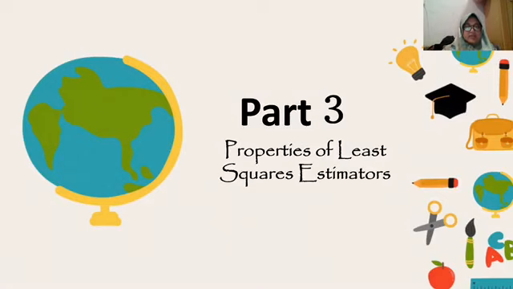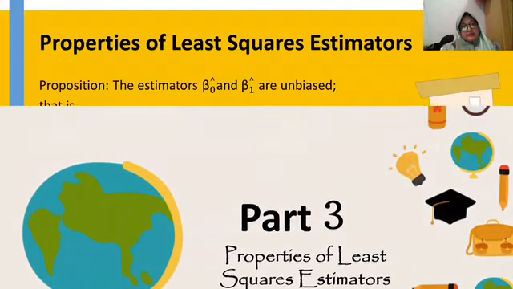The second assumption is that yt and xt are stationary. And the third assumption is there is no perfect multicollinearity in xt. After that we can move forward with part 3.